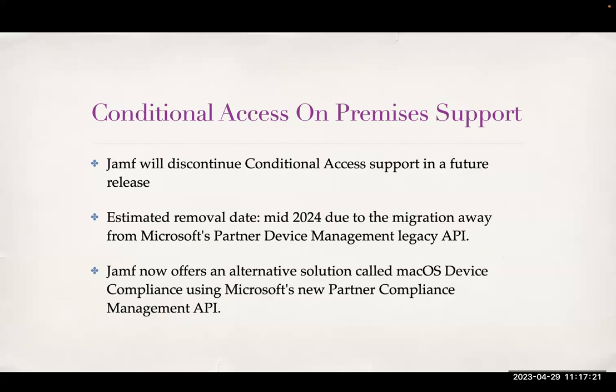As we are going out of conditional access, Jamf now offers an alternate solution called macOS Device Compliance, which will leverage the Partner Compliance Management API. And that is the main topic for today. We are going to talk about device compliance: why device compliance, how to configure it, and what the benefits are.